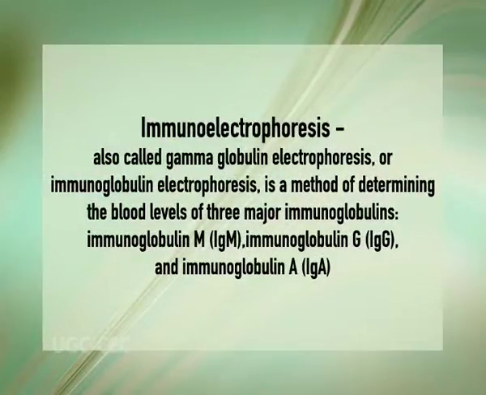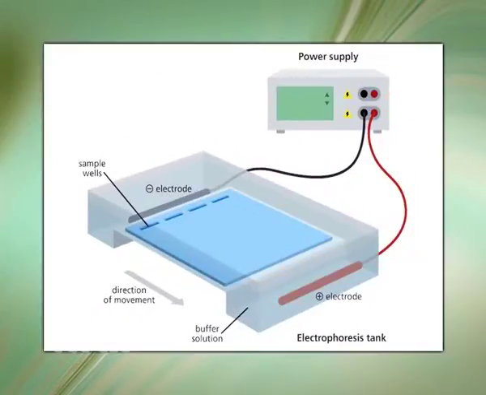Immunoelectrophoresis, also called gamma globulin electrophoresis or immunoglobulin electrophoresis, is a method of determining the blood levels of three major immunoglobulins, that is immunoglobulin M, immunoglobulin G and immunoglobulin A. It is a general name for a number of biochemical methods for separation and characterization of proteins based on electrophoresis and reaction with antibodies.